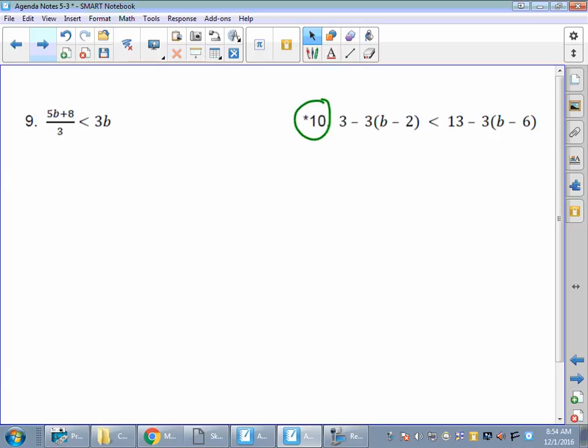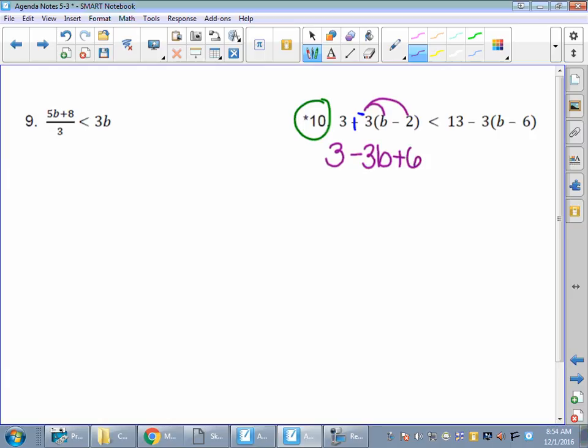I noticed, first of all, parentheses, so I know I'm going to do distributive property. If you want to make this a plus a -3, so you remember when you distribute to use a -3, this first 3 comes straight down. So -3 times b is minus 3b. -3 times -2 is a plus 6.